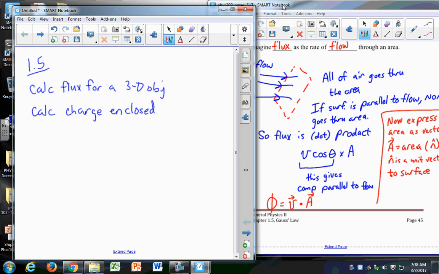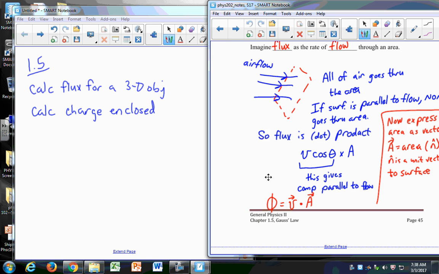It'll probably be like a rectangular prism. But I haven't written a test yet, so make sure you understand this whole bit about the dot product.